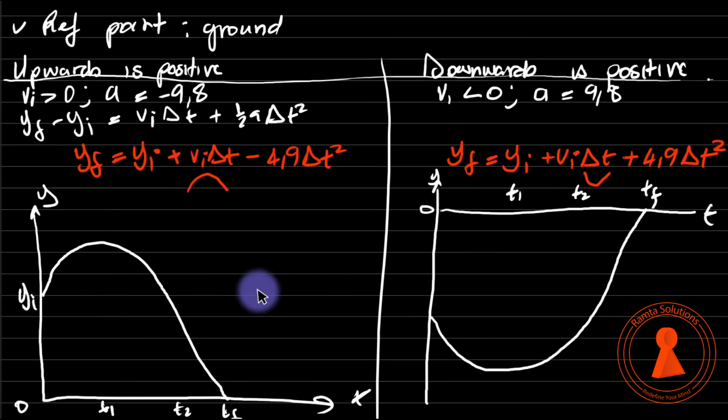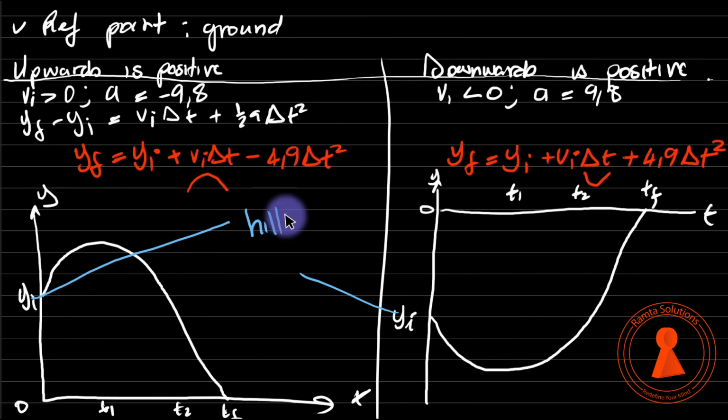Remember, this is yi. Remember what I said yi was? Yi was the hilltop, or top of the building, or whatever, right? Okay, so guys, this is how you draw your position versus time graphs.